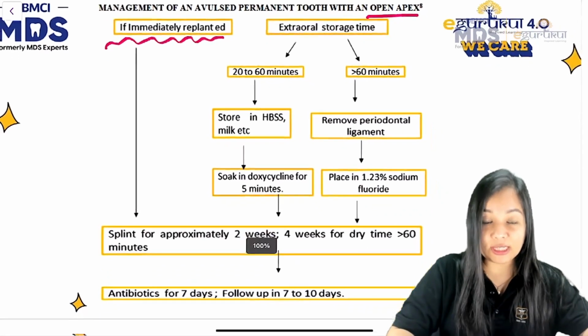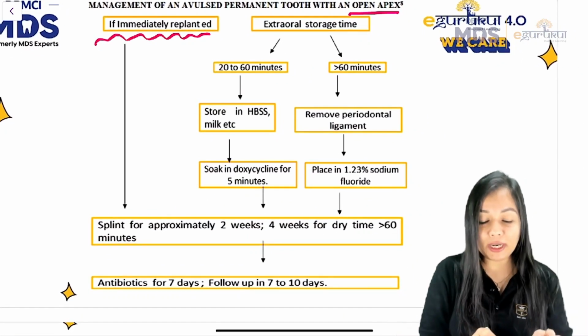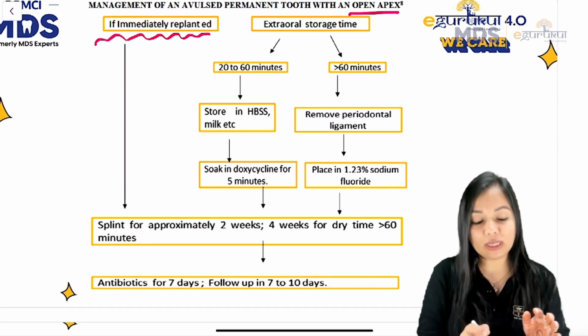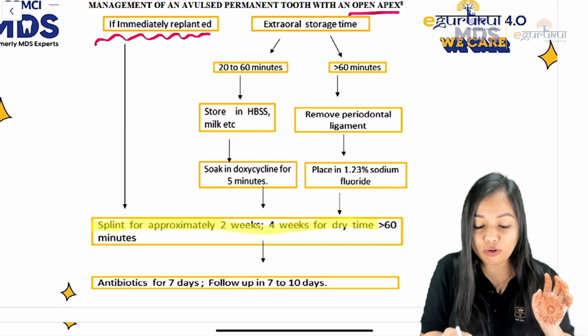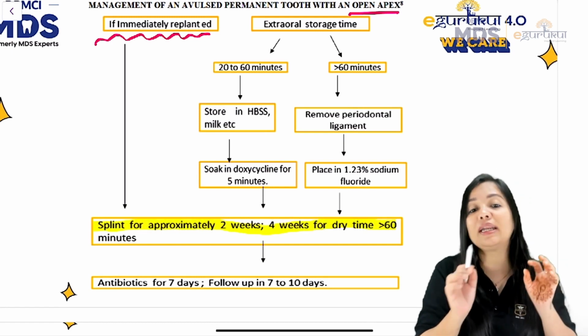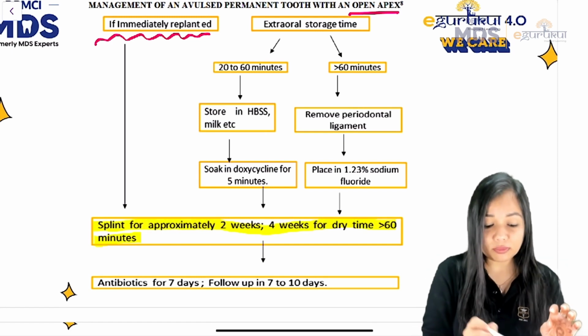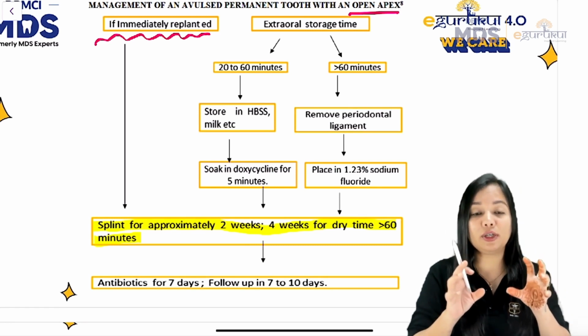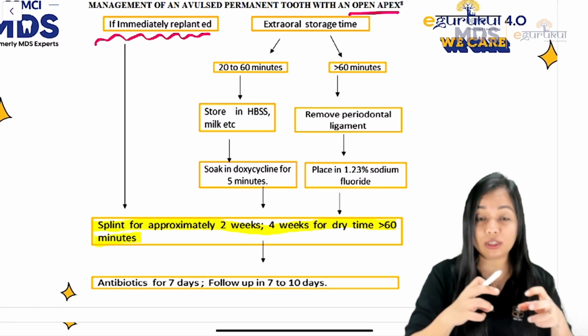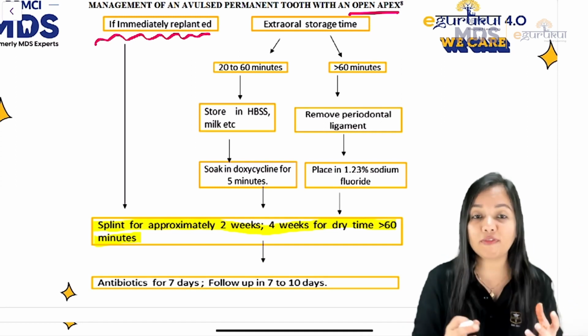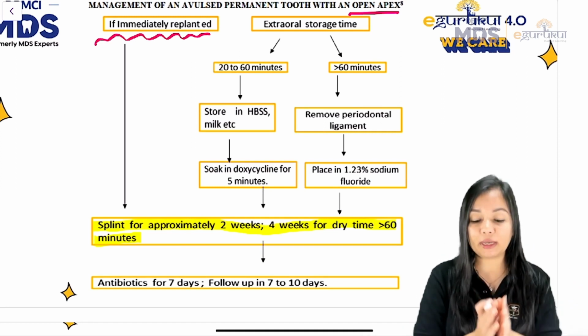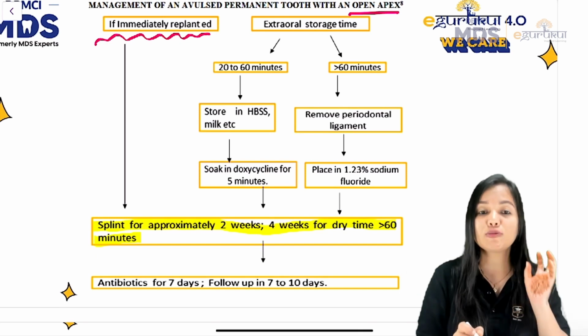If it is immediately replanted, you splint it for approximately 2 weeks, and 4 weeks for dry time greater than 60 minutes. So you splint it for 2 weeks, and in that much time it will develop new PDL fibers. If there has been a dry time more than 60 minutes, then you splint it for 4 weeks.